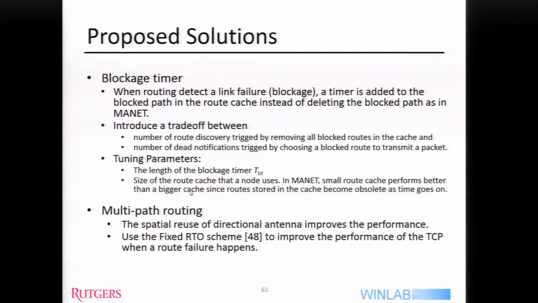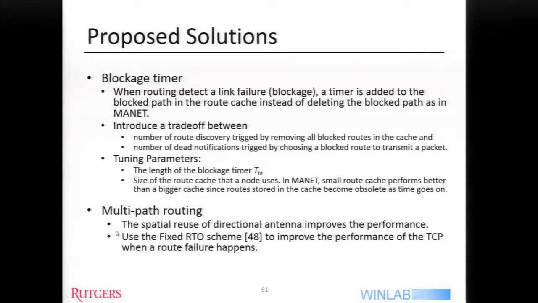And we also study the size of the route cache, because we know from some results in mobile ad hoc networks that a small cache will perform better than a bigger cache when nodes move faster in the network, because the route becomes obsolete as time goes on.